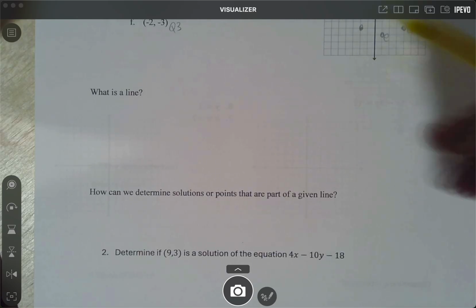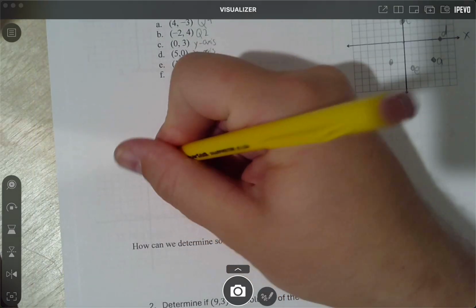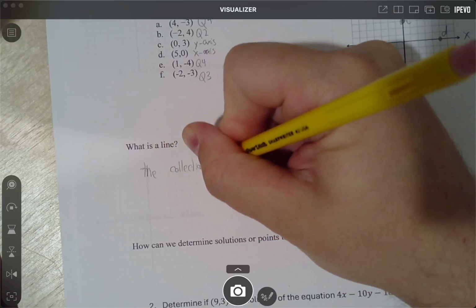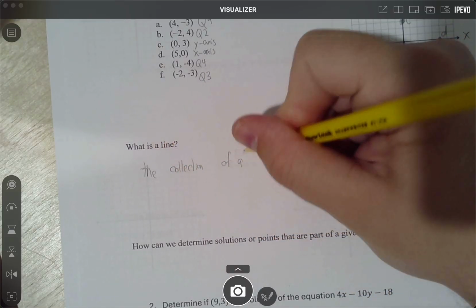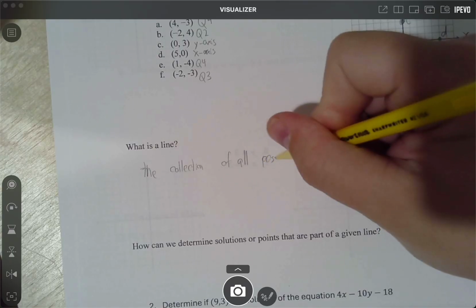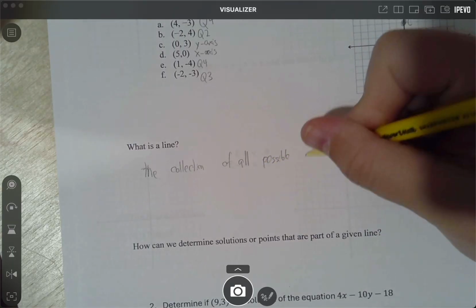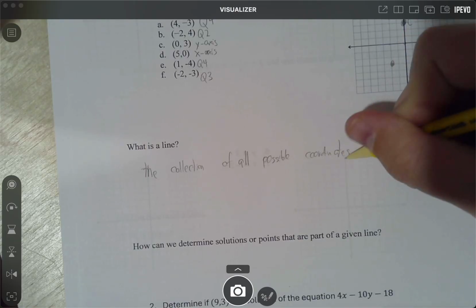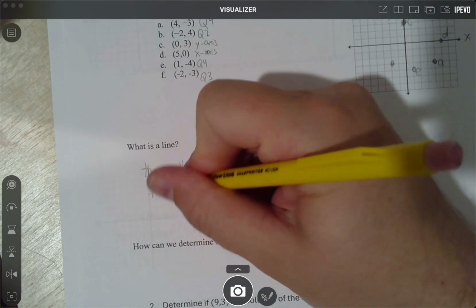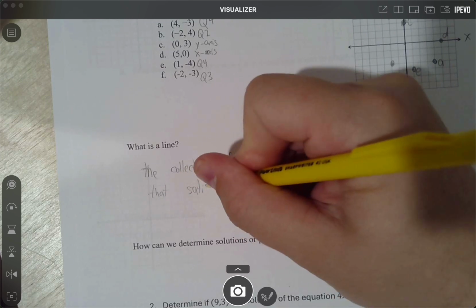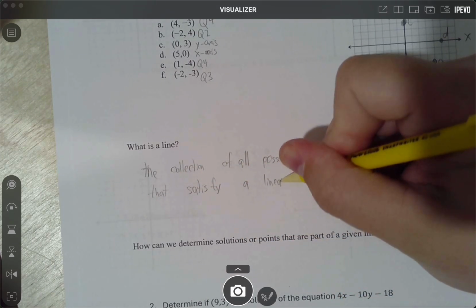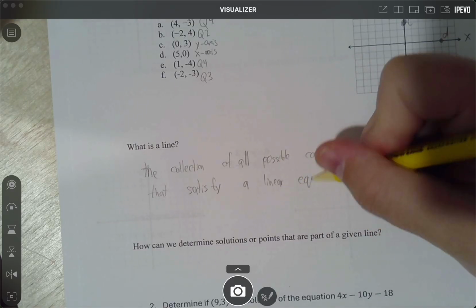A line is going to be, let's just write it, the collection of all possible coordinates that satisfy a linear equation.